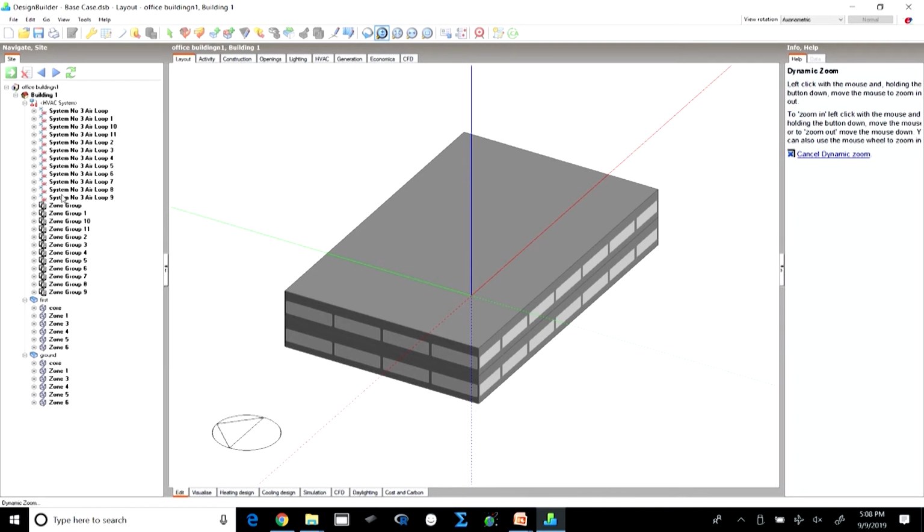So, what we will do next is we can save this building as base case 1, which is oriented to the north. We copy and we create 3 more cases where we orient the building to all the 4 directions. So, north and then north on the shorter side, north on the longer side, but the other one.